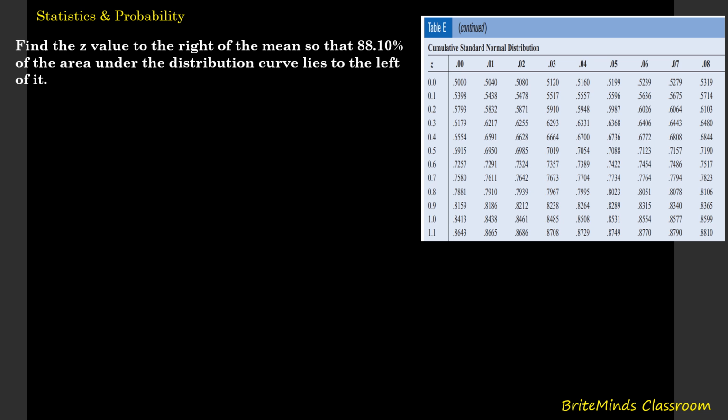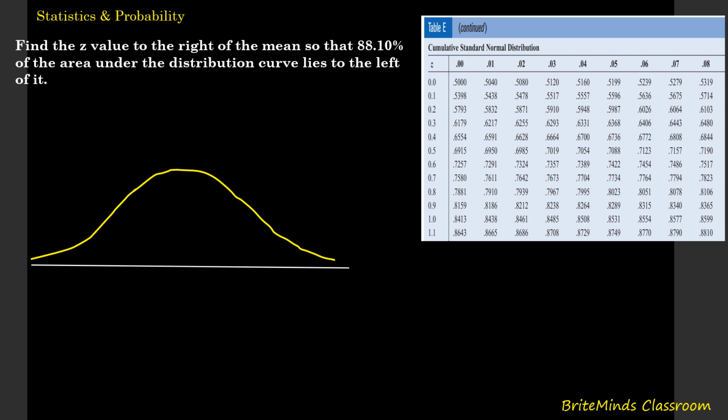We need to sketch our distribution curve. So this is our distribution curve, and the mean is at the center. The z value is located to the right of the mean, so this is our unknown z. The problem states that 88.10% of the area under the curve lies to the left of our unknown z.